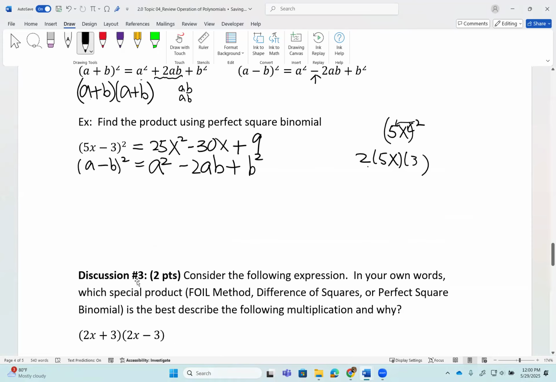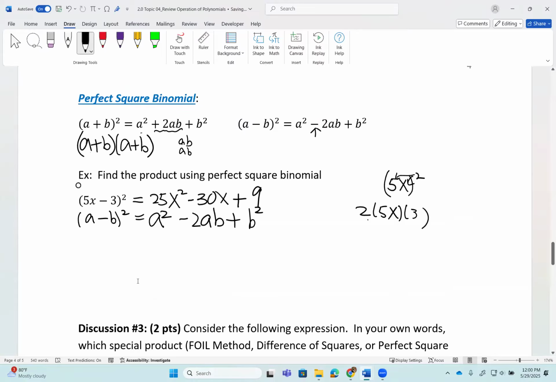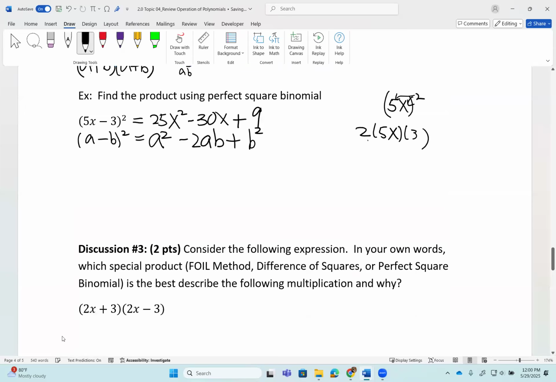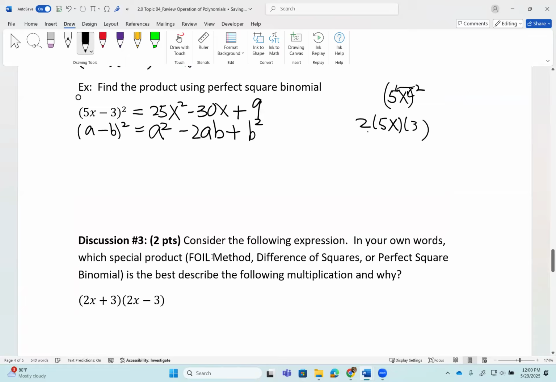Okay, all right. We will do this a lot as we go along this semester. So in your own words, which special product best describes this multiplication: difference of squares or perfect square binomial?